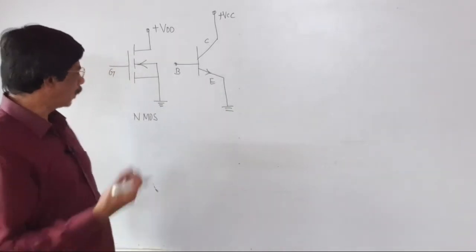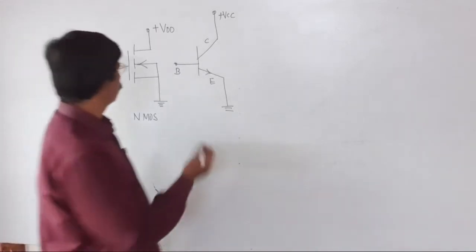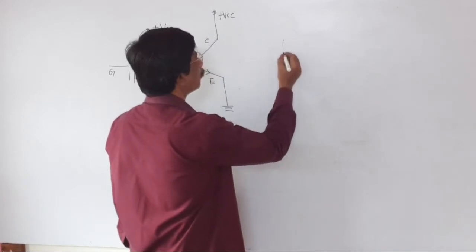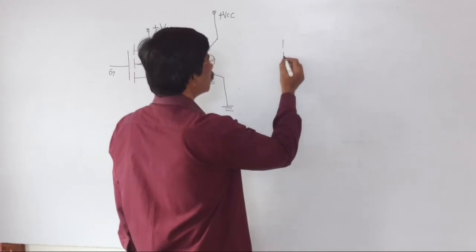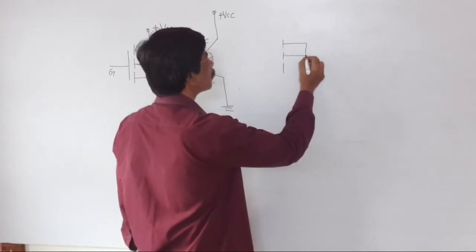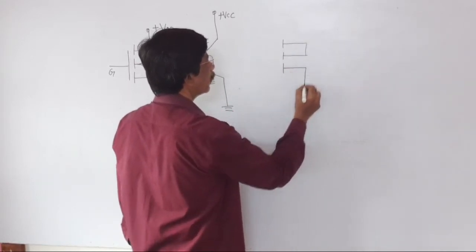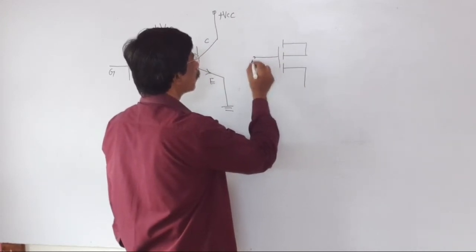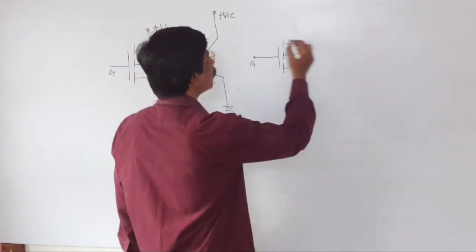Similarly, we have to discuss the PMOS and the PNP transistor. For the PMOS transistor, again you put 3 short lines. This is the substrate, this is the source, this is the drain terminal, this is the gate terminal.